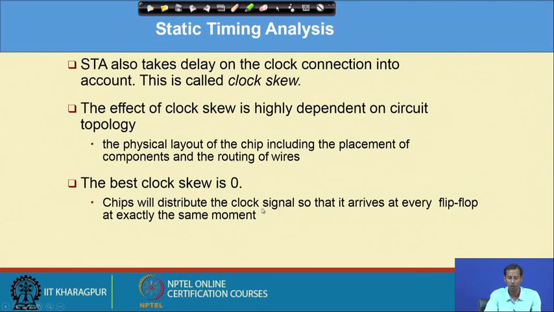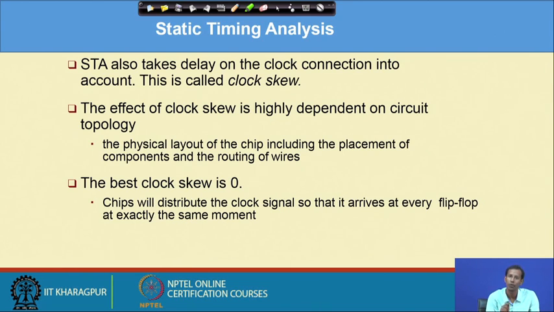Chips try to distribute the clock signal so that it arrives at every flip flop at exactly the same moment. Suppose in a chip 1000 sequential elements are placed and you have only one clock source, connected to one pin.